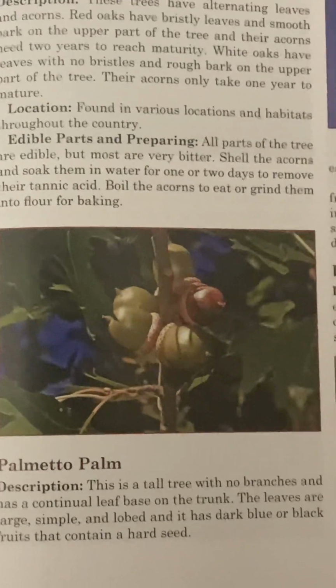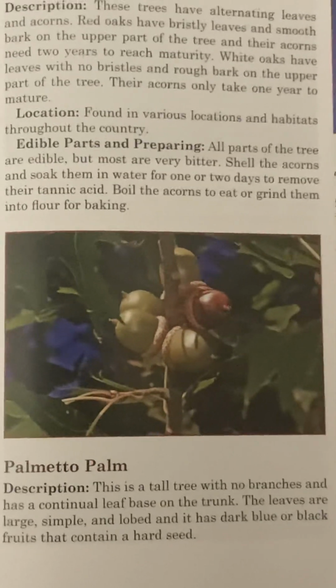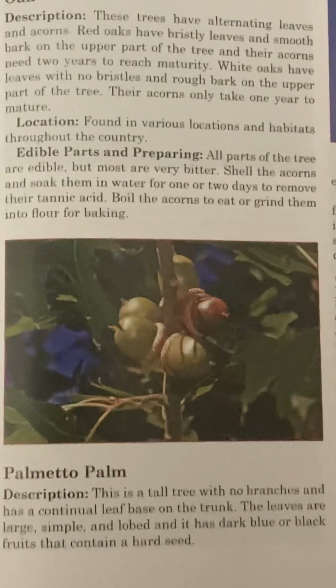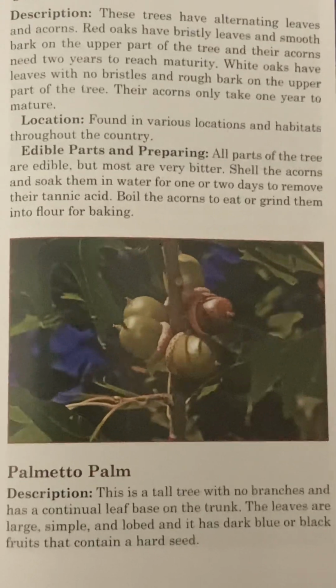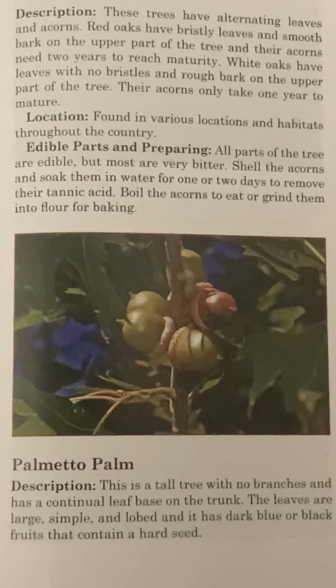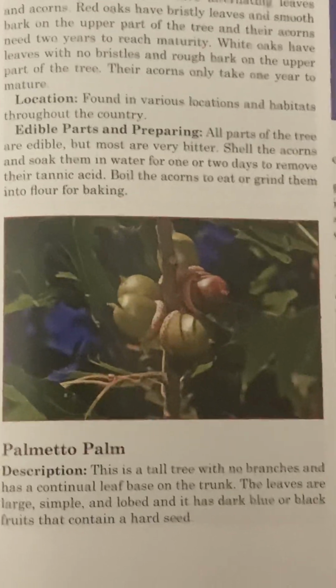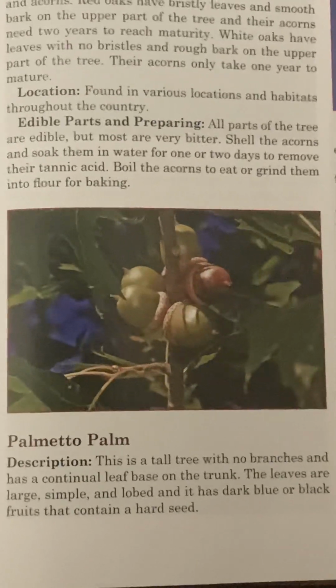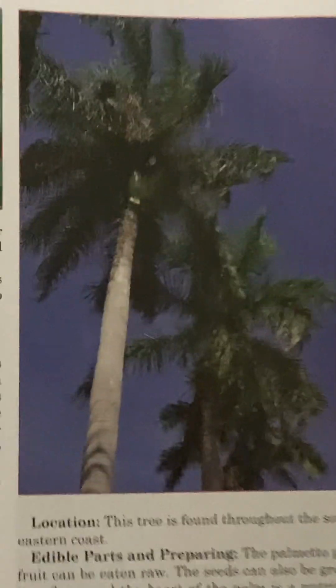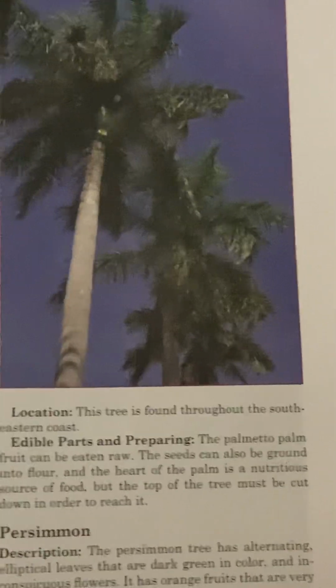Palmetto palm. Description. This is a tall tree with no branches and has a continual leaf base on the trunk. The leaves are large, simple, and lobed, and it has dark blue or black fruits that contain a hard seed. Location.